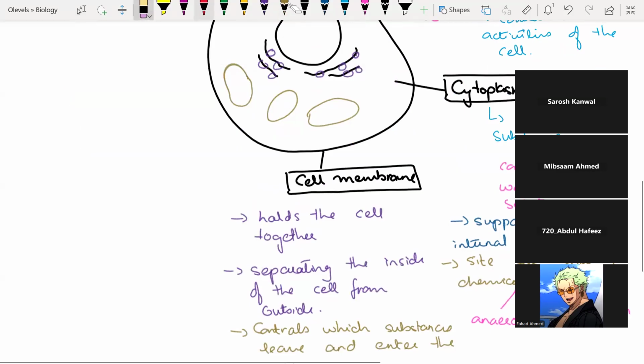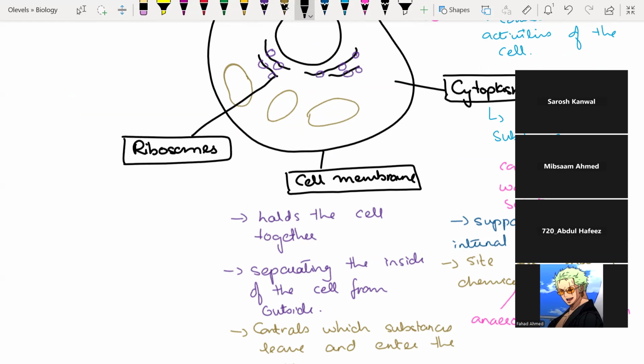Okay, then we have to move towards the ribosomes, right? Here we have the ribosomes. Now we have to see what is the function of ribosomes. Now, mostly these ribosomes are found in the cytoplasm.